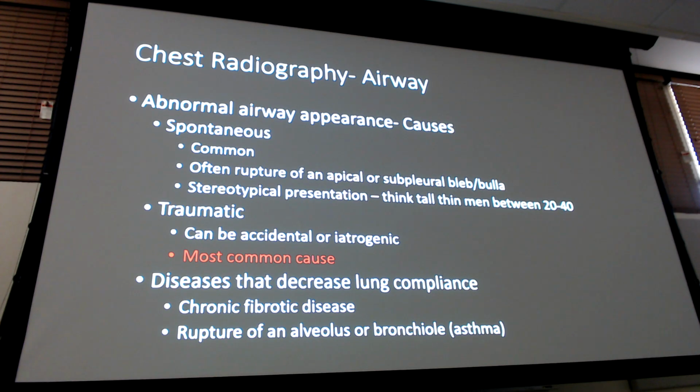Other diseases can cause it, right? Fibrotic disease, rupture of an alveolus. Anything that can put air in the pleural space can cause it. So if you think about it, why is trauma the most common? Because if I have trauma and I get stabbed or take blunt force trauma, the blunt force could break a rib, which could puncture a lung. Or if there's actual penetrating trauma, that's bringing air from the outside into that pleural cavity.